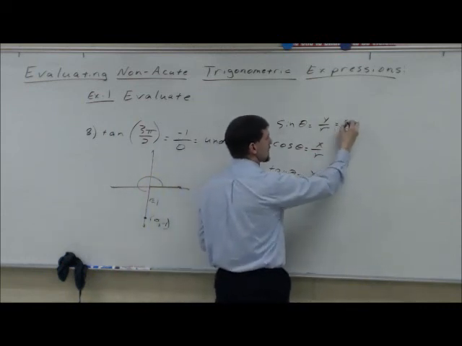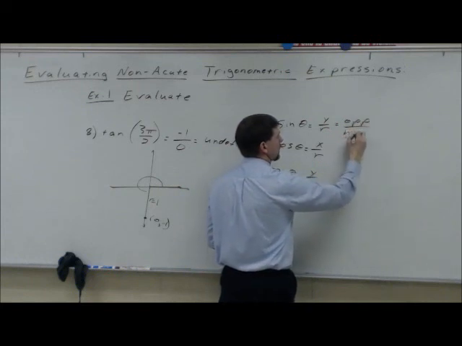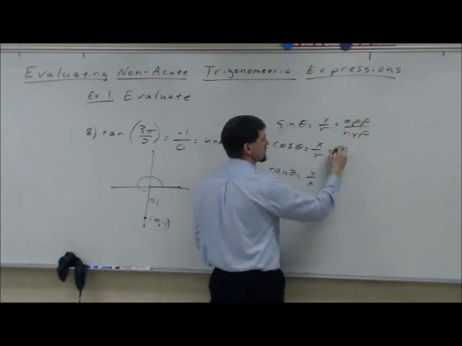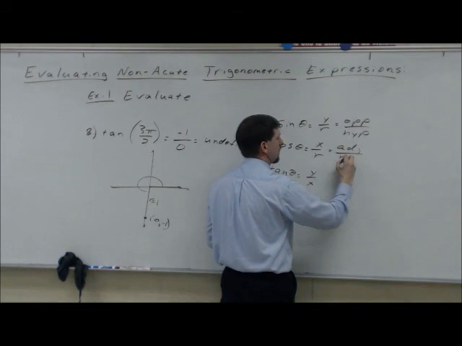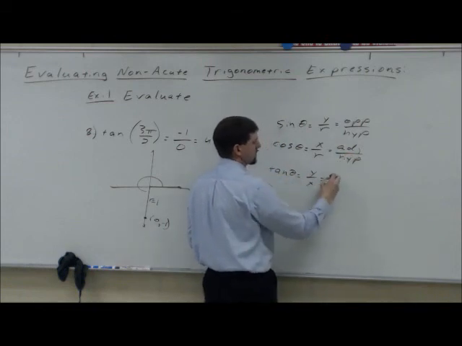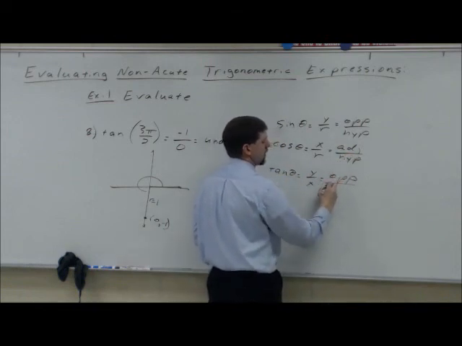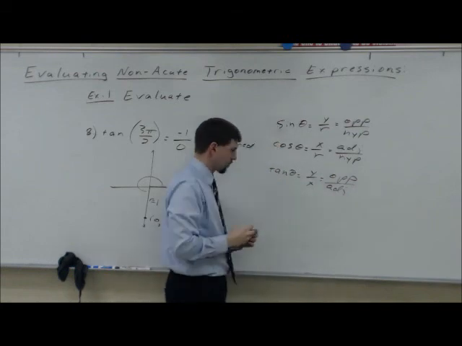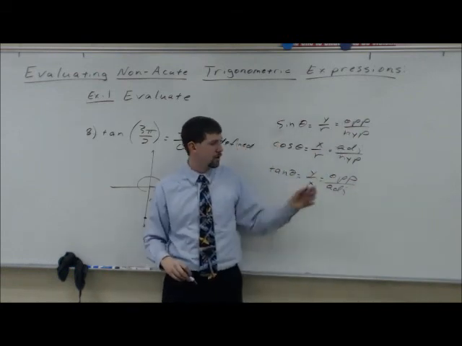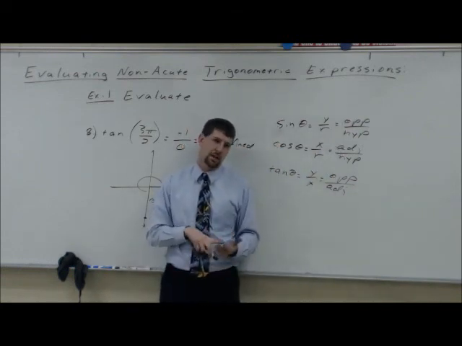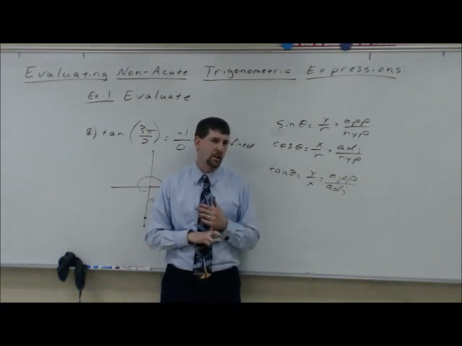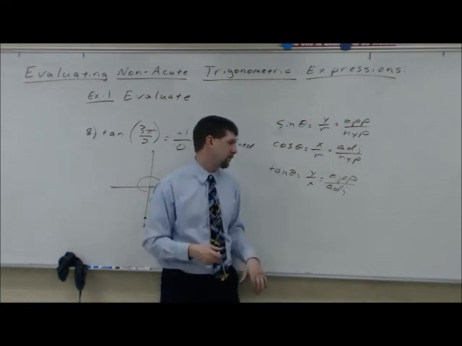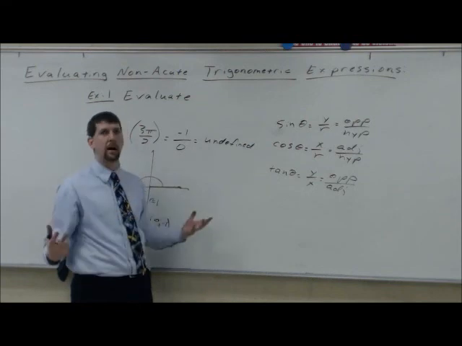Don't forget, sine is opposite over hypotenuse, cosine is adjacent over hypotenuse, and tangent is still opposite over adjacent. It's all built off of those 3 trig ratio definitions that we talked about back in that first section, and we're just expanding on it, putting these points out in space and moving outside of a confined right triangle.